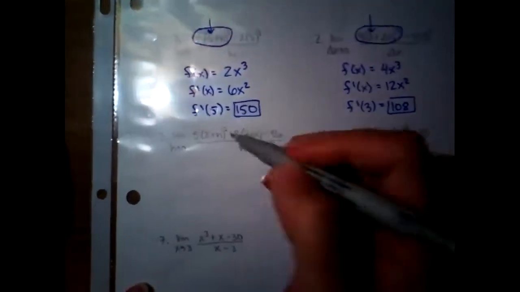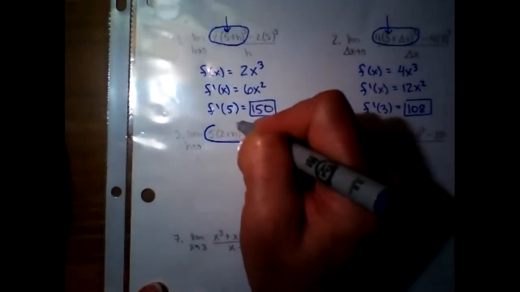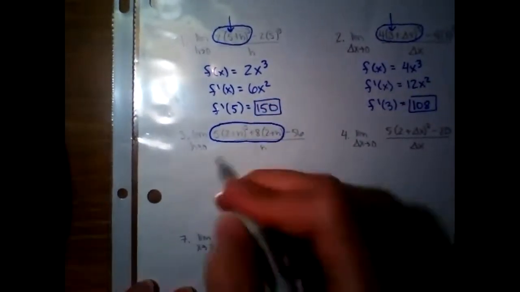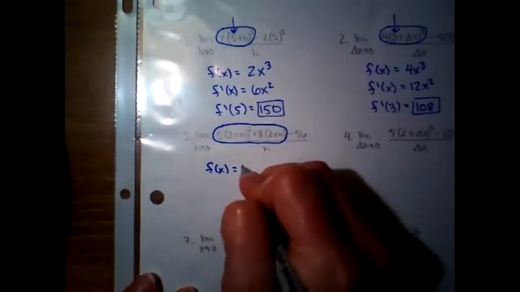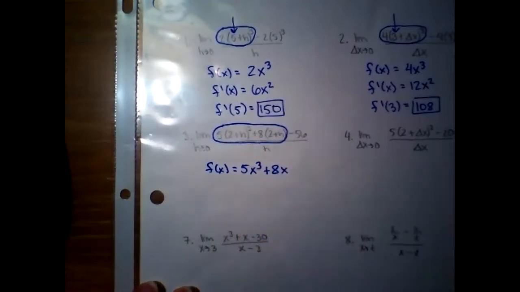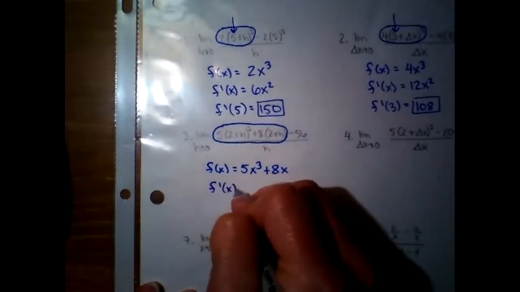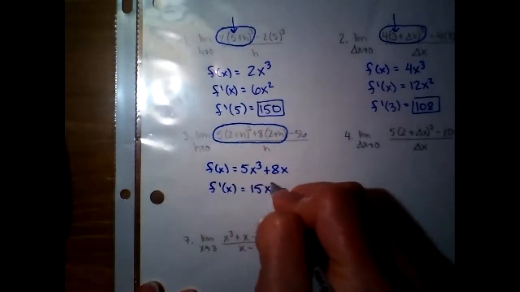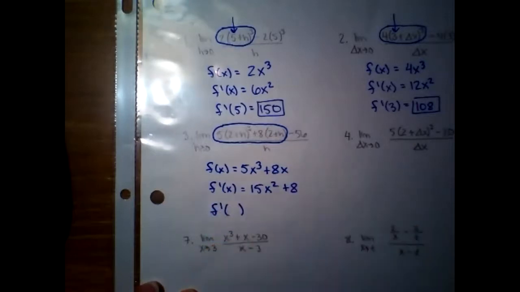Let's just have one more of those. This part is going to be the function. So for number 3, our function would be 5x cubed plus 8x. And so that derivative would be 15x squared plus 8. And then I'll ask you guys this one.